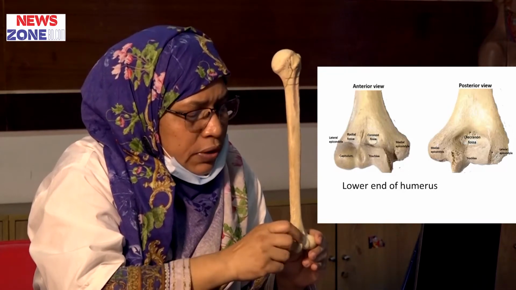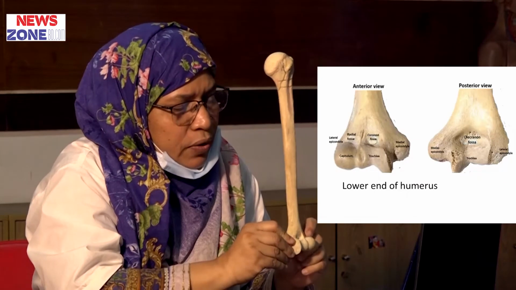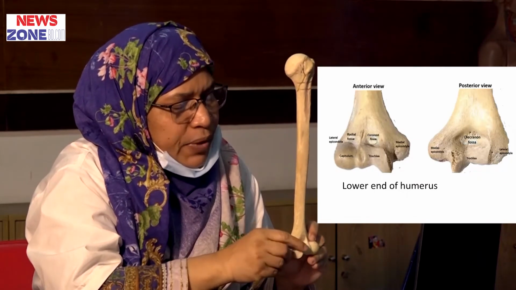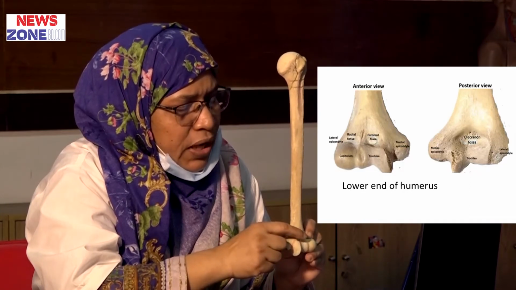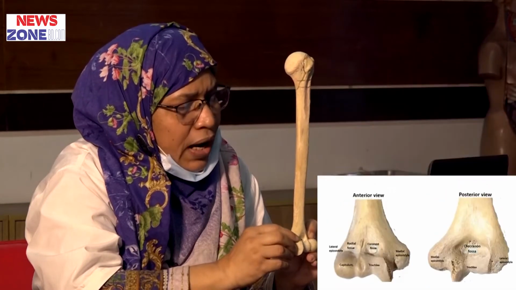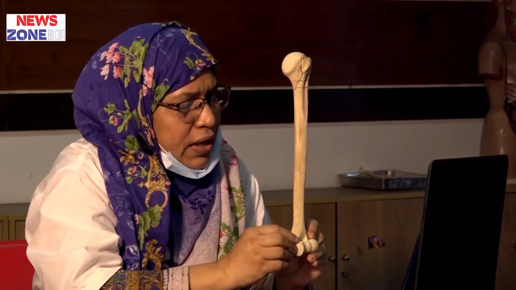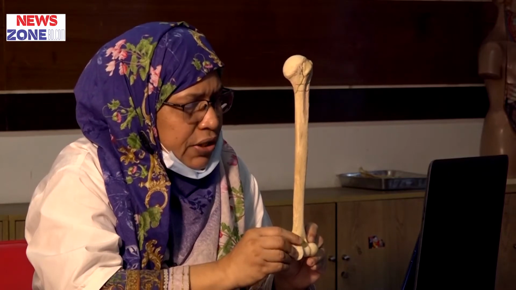Above the trochlea and the capitulum, there are two fossae. Above the trochlea, the fossa is the coronoid fossa. This fossa is occupied by the coronoid process of the ulna when the elbow is fully flexed.